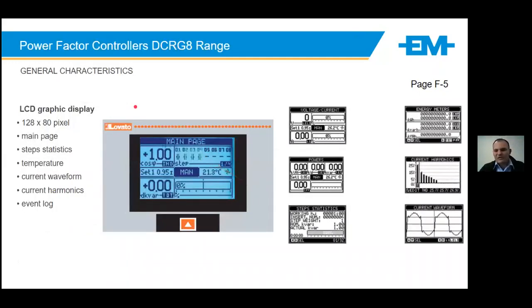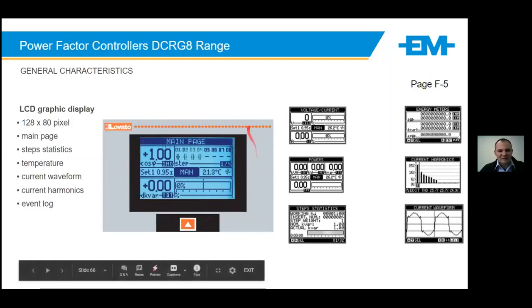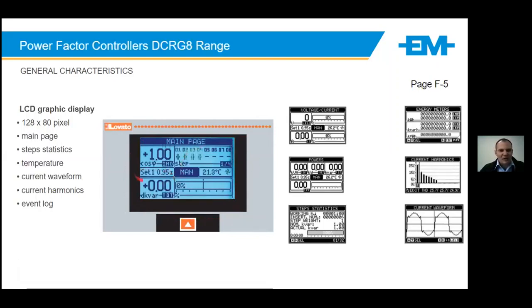Quite important on the DCRG8 is obviously the screen is quite clear to tell you what is going on in the system. In this example, what is my set point, my total required kVAR, over or under, the conditions of my steps, the internal temperature measurement.